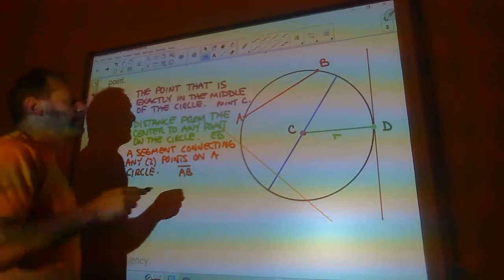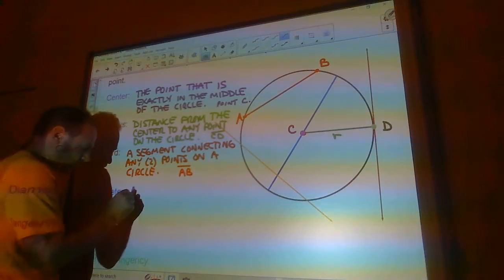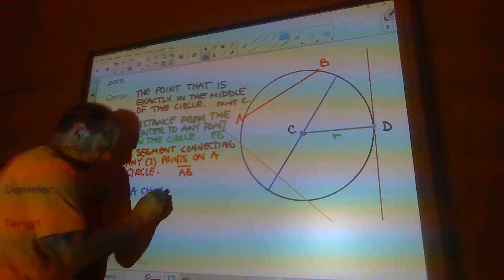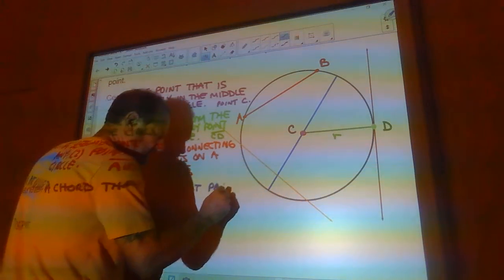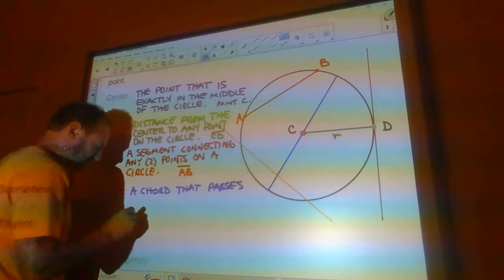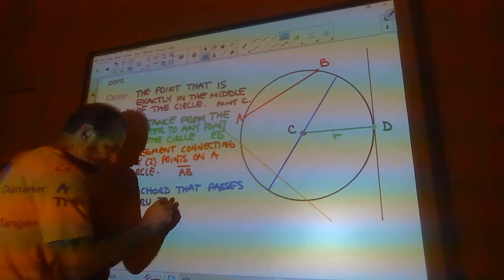All right, so diameter. A diameter is a chord that passes through the center.